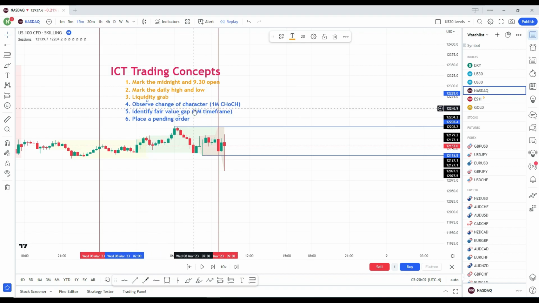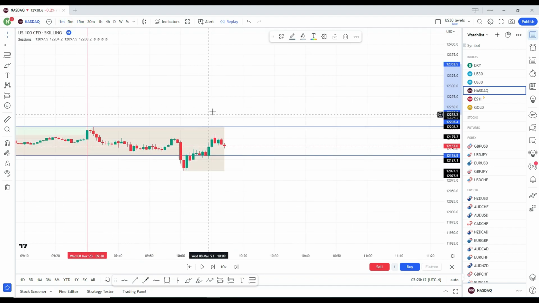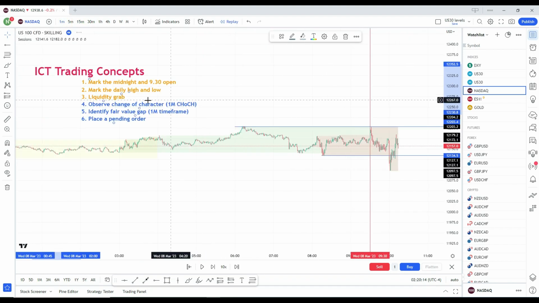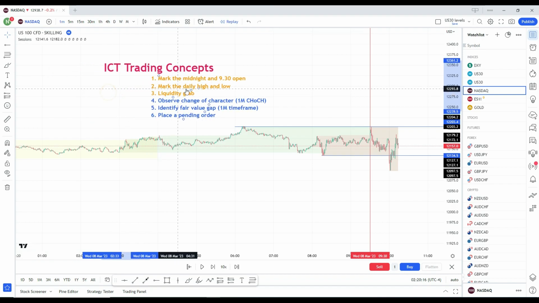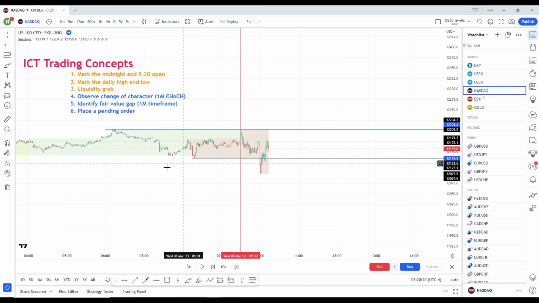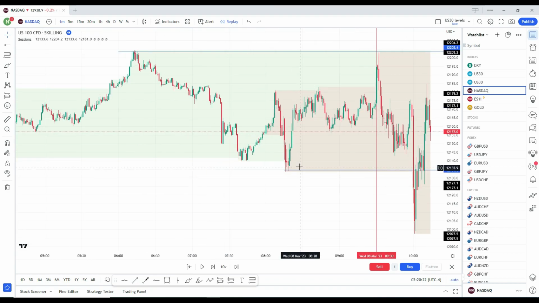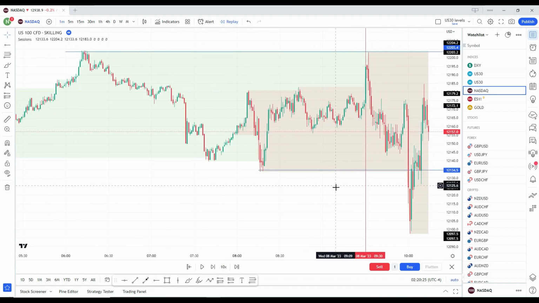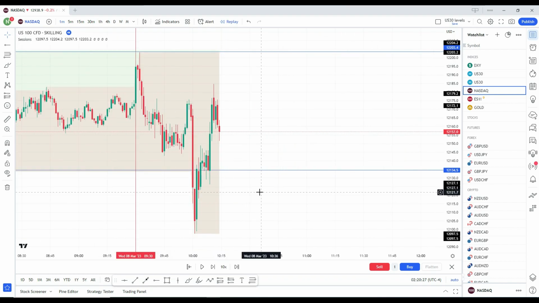So we now go to 1 minute time frame to observe the change of character.